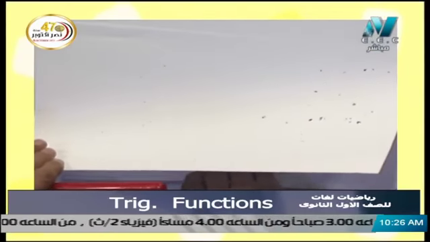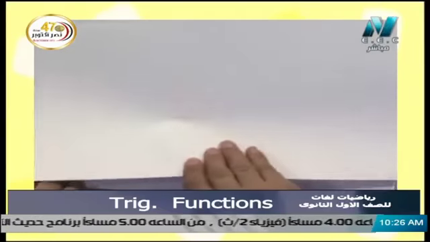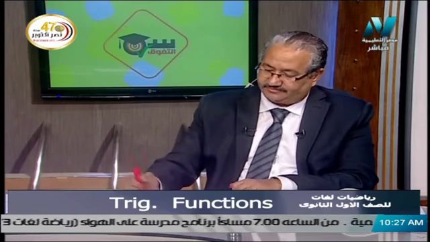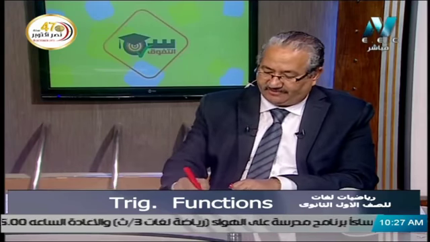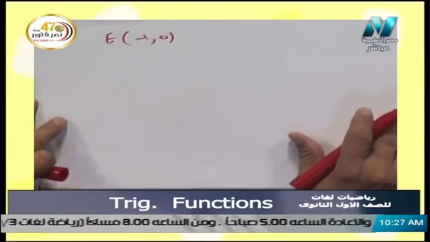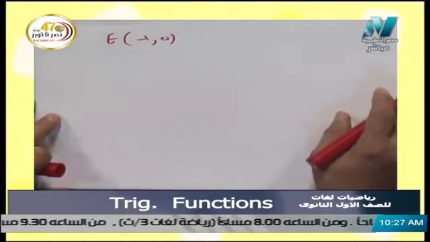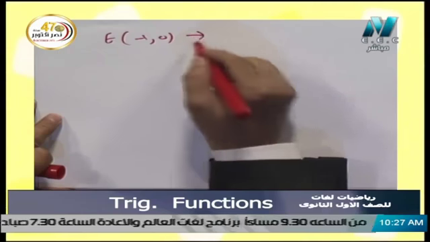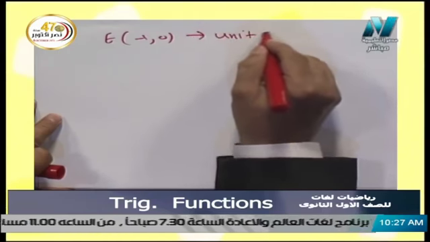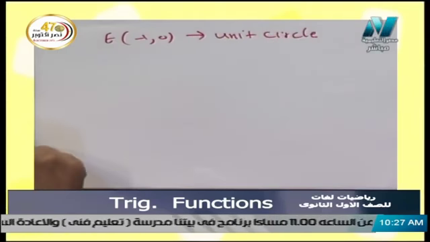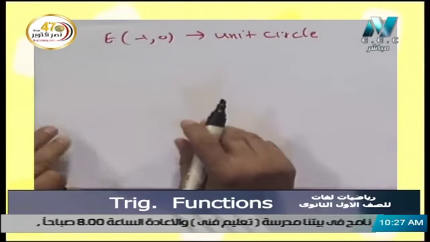If we have a point E which is negative 1 and 0, it's a point on the unit circle, and the request is to find the trig functions of this point.